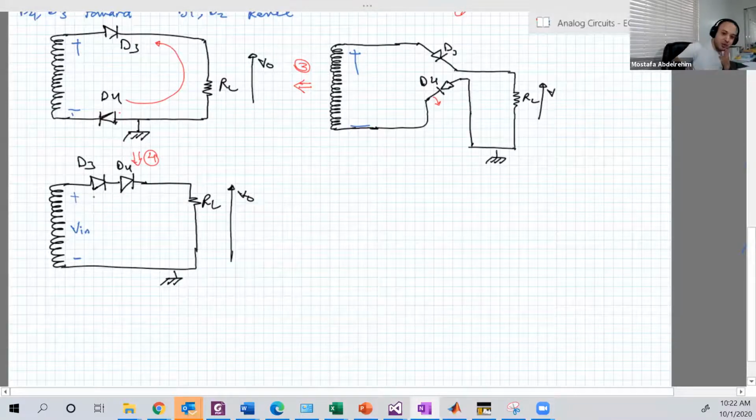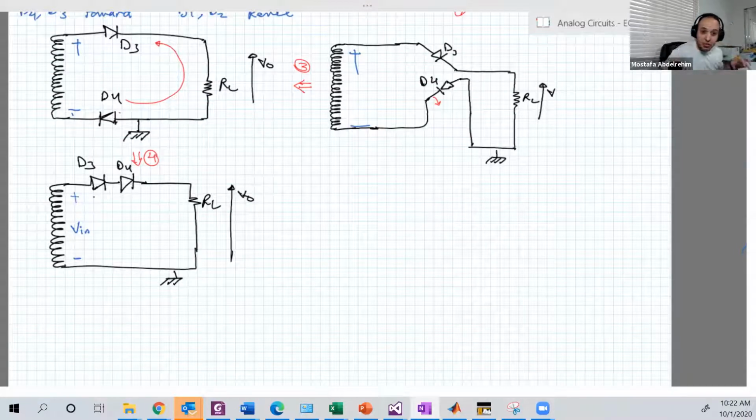Now we're going to ask the question: what is the condition on V input to turn both diodes on? Each one needs 0.7 volts to turn on. So what should be the value of the input voltage to turn both diodes on? Any idea?